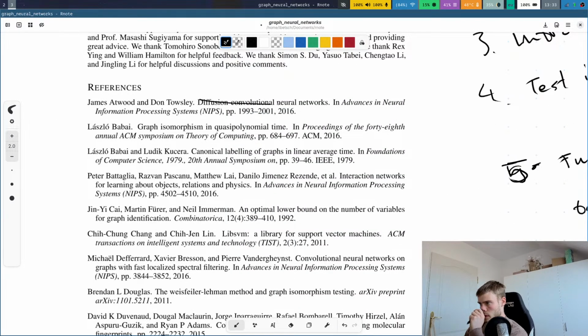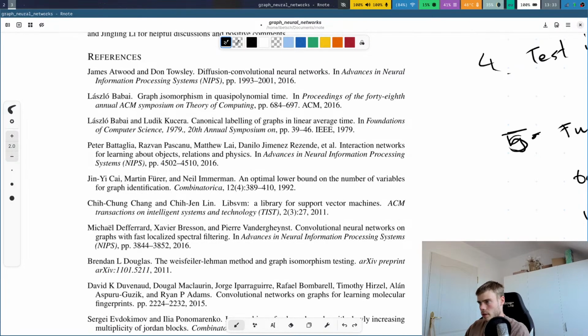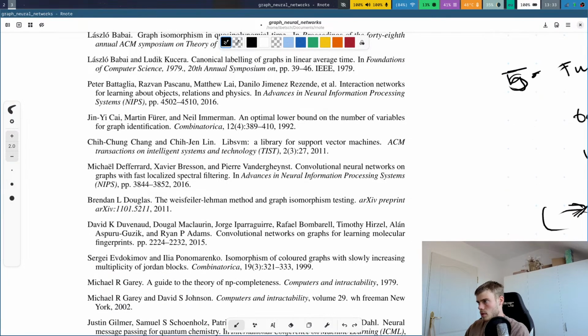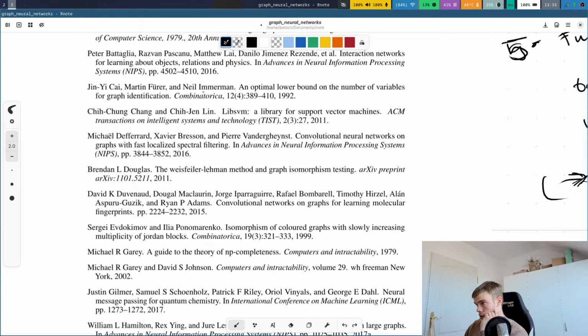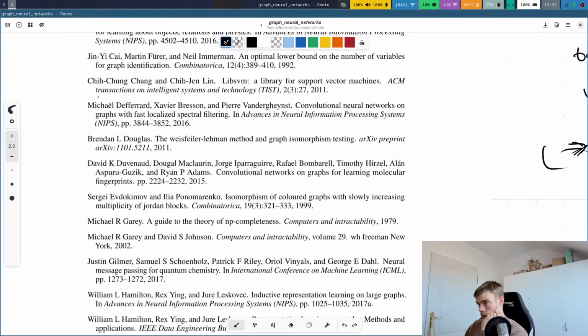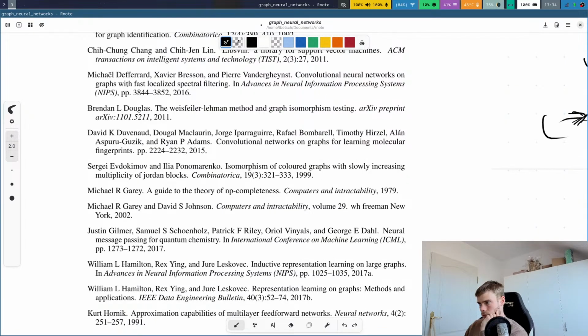So a diffusion convolutional neural network, graph isomorphism, interaction networks for learning about objects, relations, and physics. An optimal lower bound on the number of variables for graph identification. Library for support vector machine. Okay. Convolutional neural networks on graphs with fast localized spectral filtering.